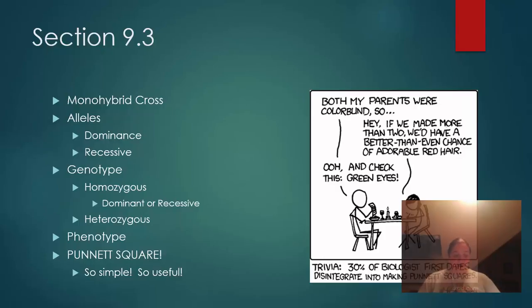When our alleles interact with each other, not all alleles are created equal. Your body will use certain alleles instead of others, and this is because some alleles are dominant and others are recessive. When our cells use our DNA, the genes that actually get used and expressed are the dominant alleles.